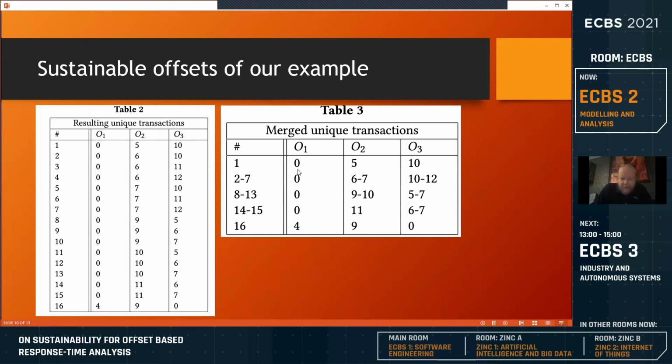So for example, here we see that 0, 5, 10 is our original transaction, and then task 2 can have an offset between 6 and 7, while task 3 can have between 10 and 12.